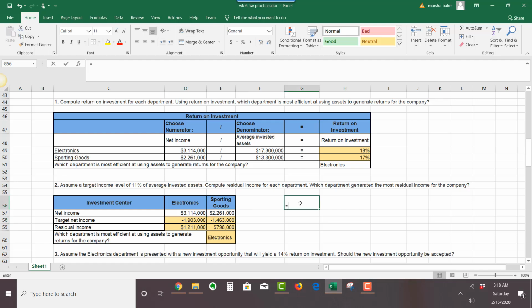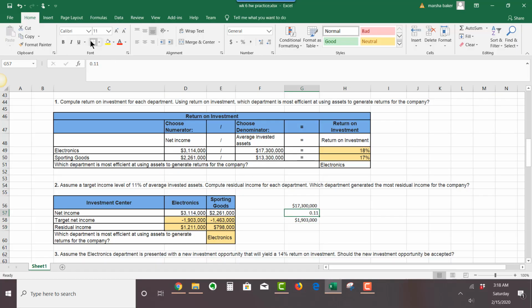So let's just do that really quick. 17.3 and then 0.11. Okay, and then I'm just going to multiply. All right, that's how I got the 1,903,000.